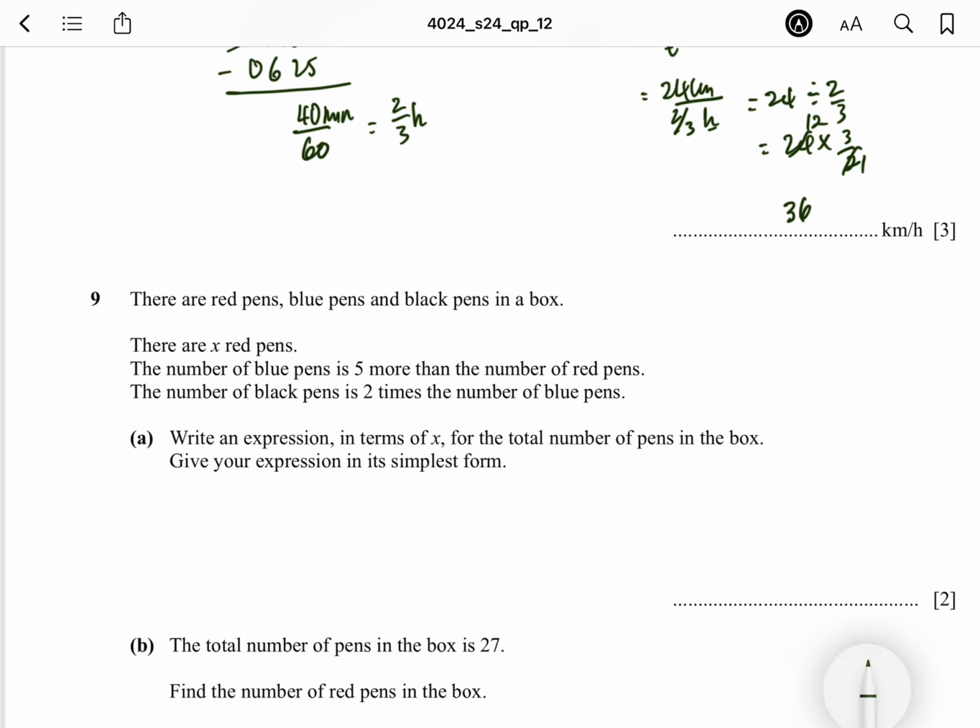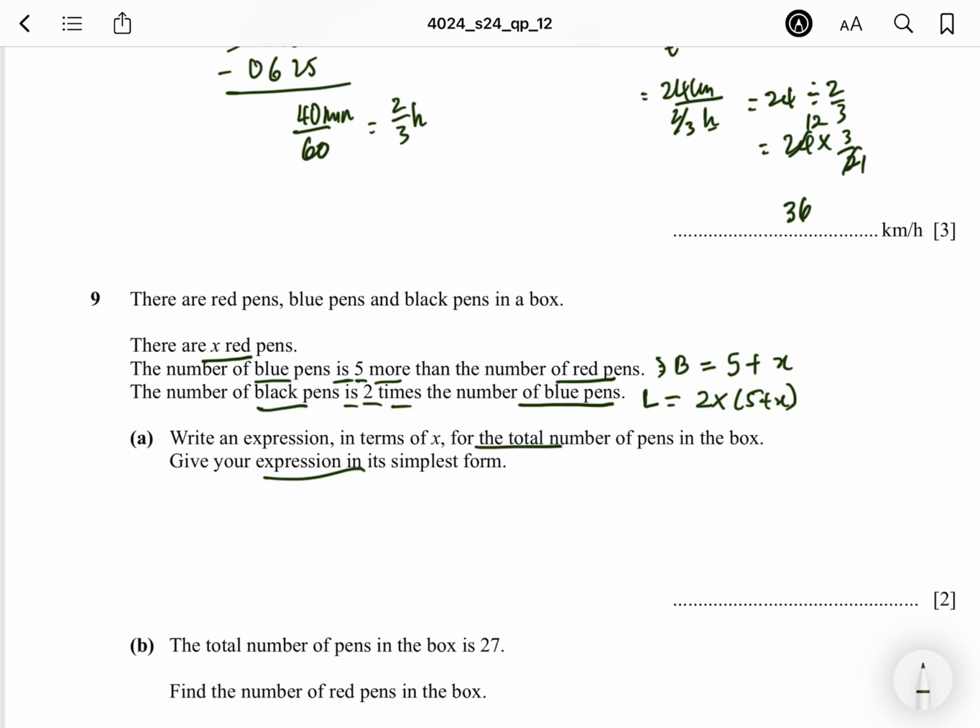Okay. Next one. There are expressions. Blue is x plus 5, red pen is x, black is 2 times blue. Find the expression for the total.